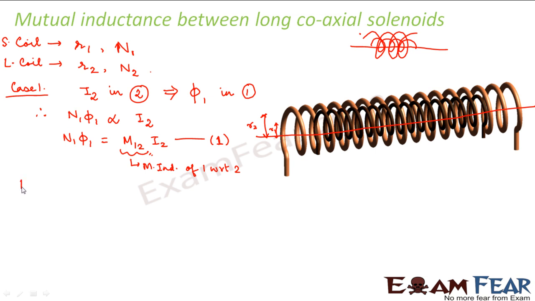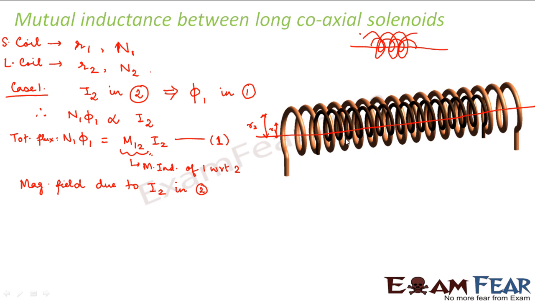Here we have found one expression for total flux in coil 1. Now we will find another expression for total flux in coil 1, but in terms of magnetic field and area. So what would be the magnetic field due to I2 in coil 2?